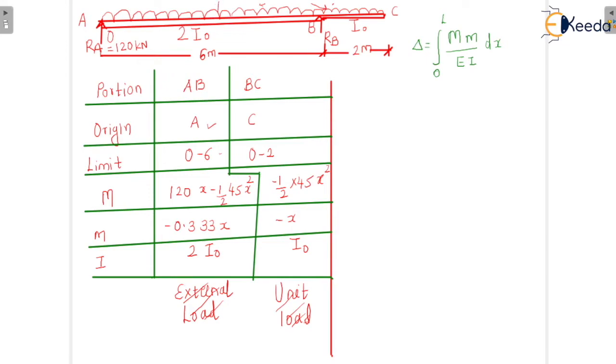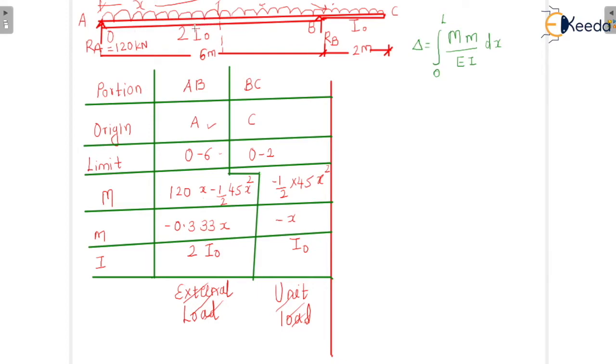If you consider any section X here, at any distance X, we get the equation 120 into X, minus, this is going clockwise, minus because of the UDL. The UDL is also acting in this particular portion, so minus 45 into x by 2.